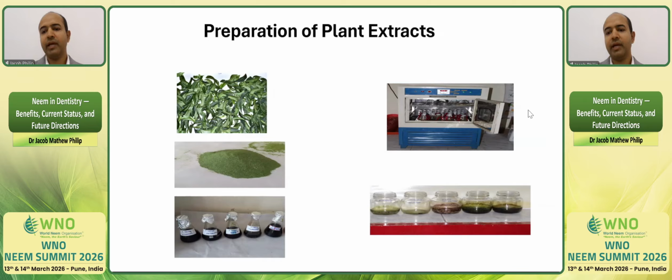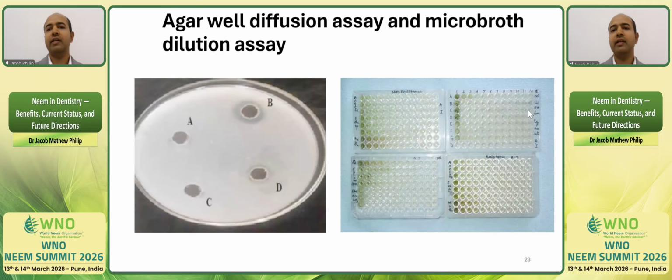We put it in an incubator shaker and dried it. And then we obtained the extract, and then we mixed it with the DMSO and stored it for use in the future.